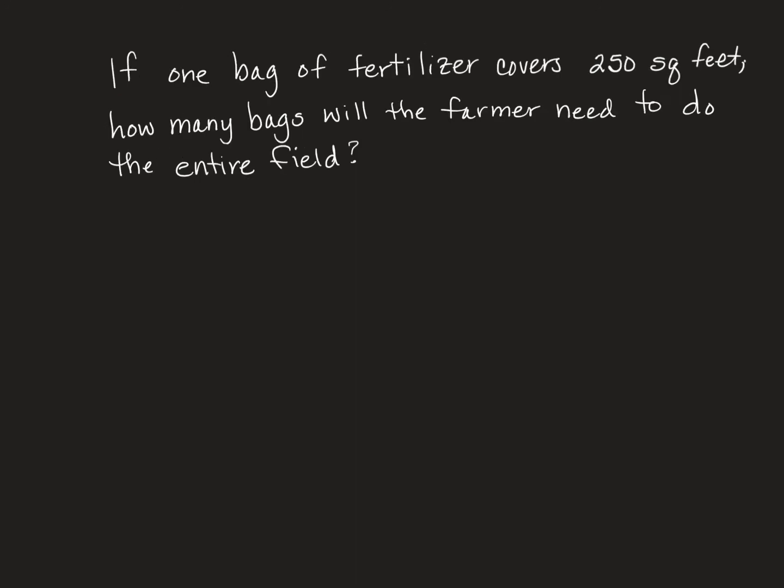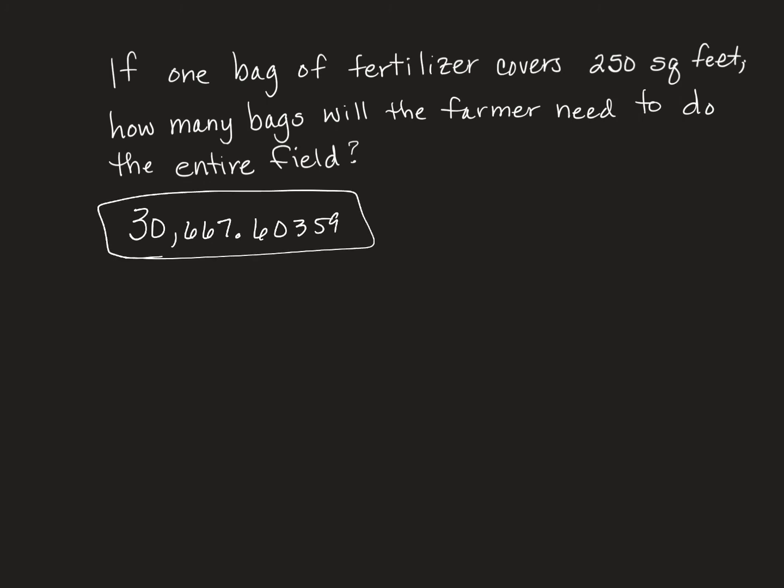Then we have this one. It says, well, what do I need to know the area formula for? What does it do? And again, we're going back to the farmer because I just did a field. So if that field, let's go back. 30,667.603. There's the whole number, right? So I'm just going to box that. It says if one bag of fertilizer covers 250 square feet, how many bags will the farmer need to do the entire field?